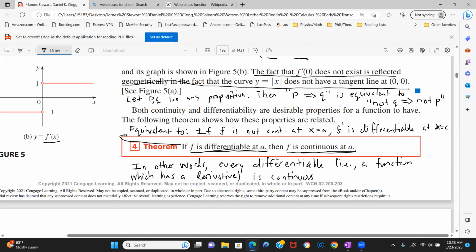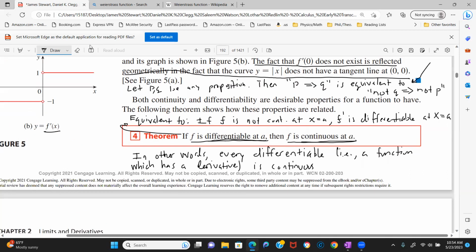So if f is differentiable at a, then it's continuous at a, is equivalent to saying if f is not continuous at a, then f is not differentiable at a. Maybe that's obvious, but I want to point out that that's why they're the same, because it's based on this more general rule. This is called the contrapositive statement. This is something you learn in logic. If you go into more advanced mathematics, you'll take a whole course on basic first order logic, and this is something you'll learn.